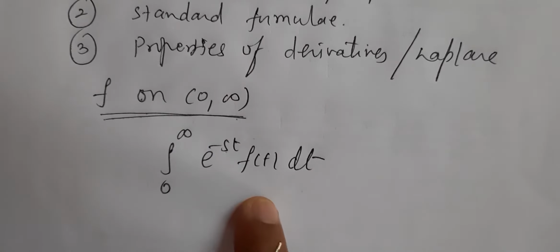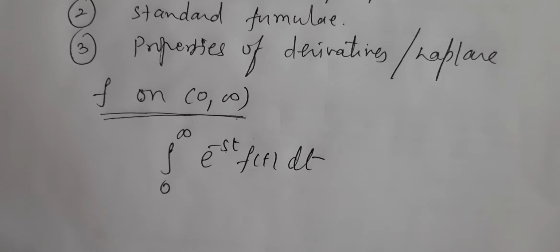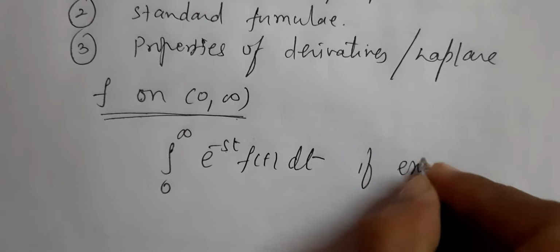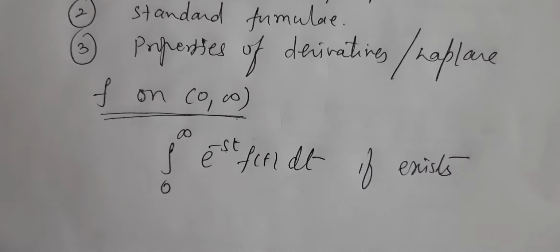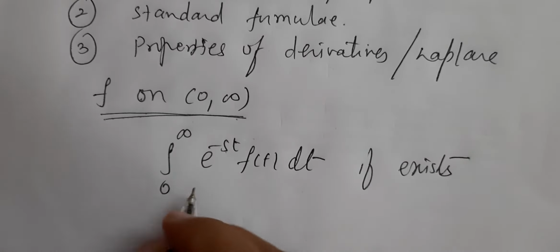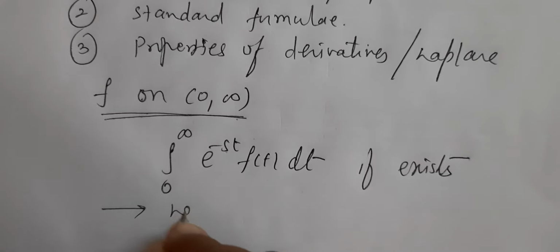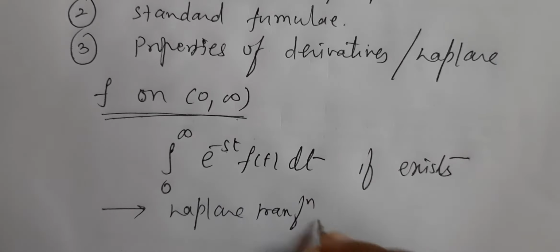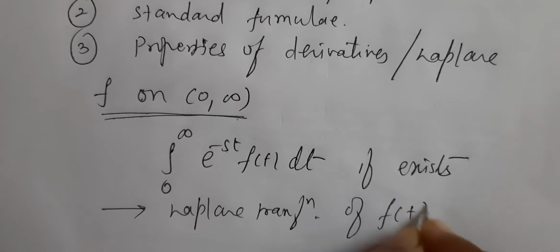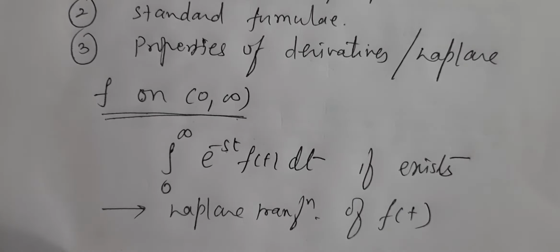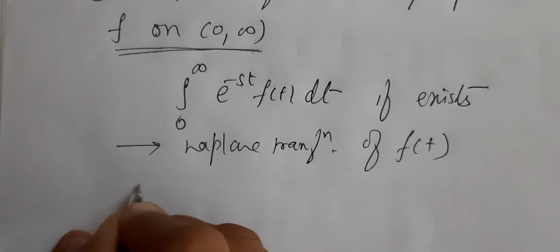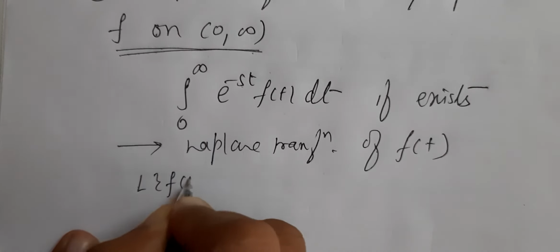Now one more point: this integration may exist or may not exist. If it exists, then we call it the Laplace transformation of the function f(t). This Laplace transformation we denote by one simple notation, L of f(t).